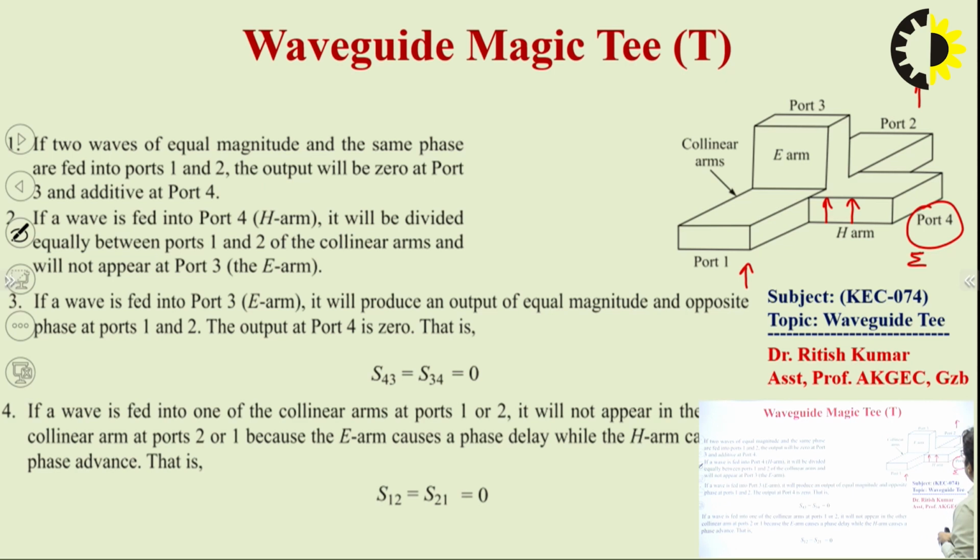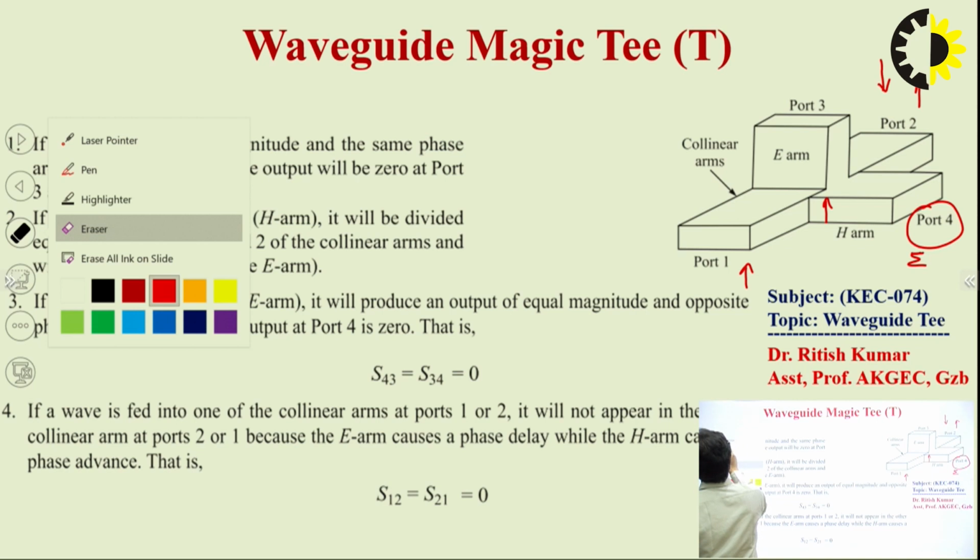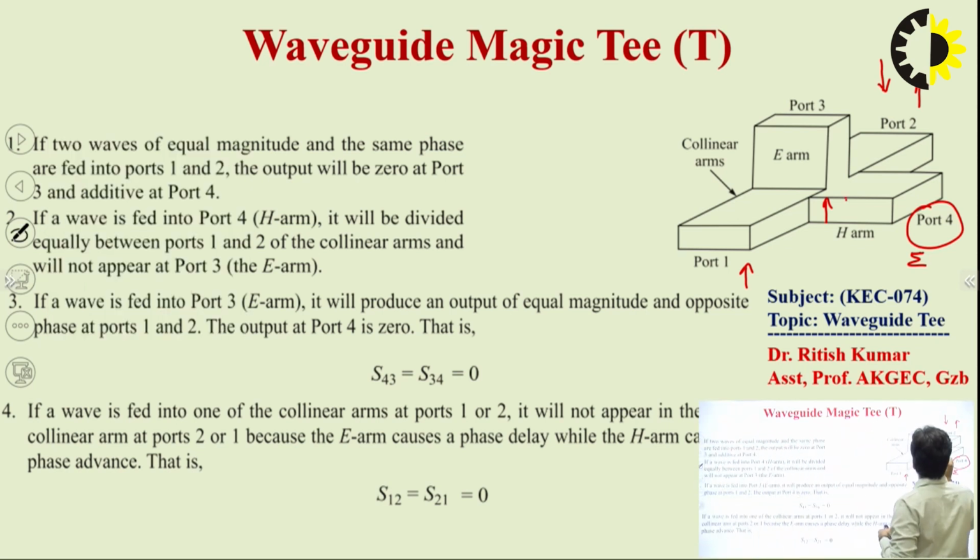Now suppose the power applied at port number 1 and port number 2 are in opposite phase. This is the second case. In that case, in the H arm we will have the direction of electric field in this way from this port, and for the other port the direction of electric field in this arm is opposite, so these two directions of electric field will cancel out with each other.